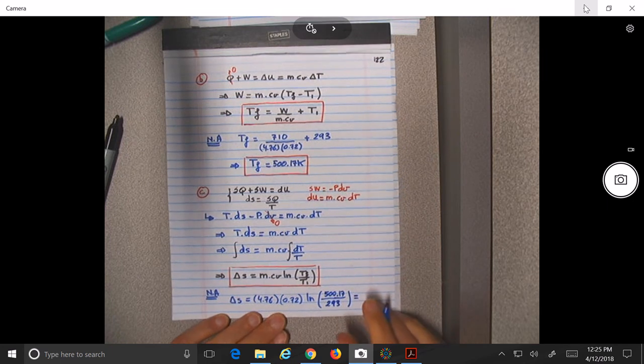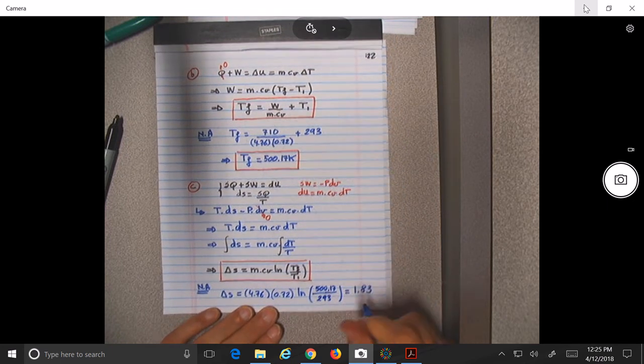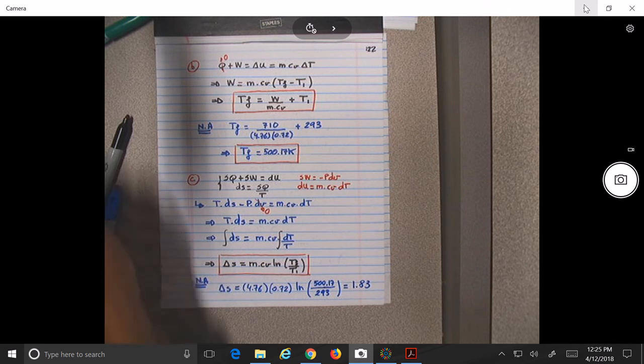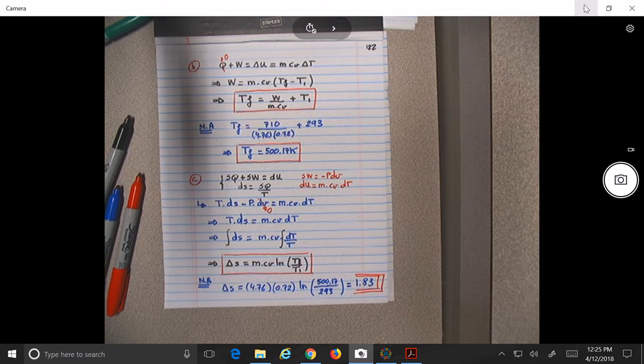What do you get? 1.83. Okay, so again, this is a positive value, which we expect. It is different than zero. So what does that mean? This is irreversible.